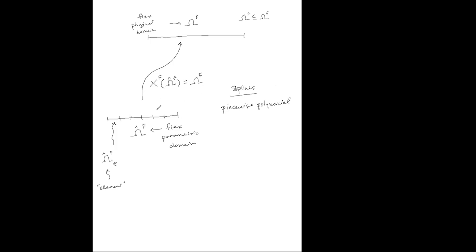So everything you've learned up to now is basically you have been studying a single element, right? We had a single domain, we built a little set of basis functions over that single domain, and then if we wanted more functions, we increased the degree of the polynomial basis. Splines, what they do is they say, okay, I'm going to build polynomials over every single one of these elements, and then I'm going to connect them together across the element boundaries with some level of smoothness.